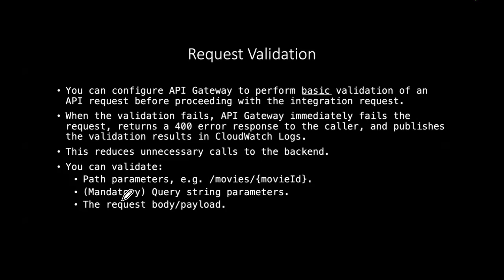Thirdly, you can get API Gateway to validate the structure of the body or payload of a post or put request. Mainly post requests we tend to use it with though. And what it will do is check the structure of the payload.